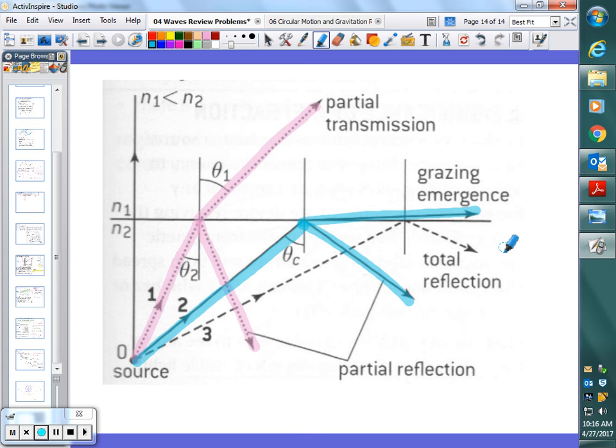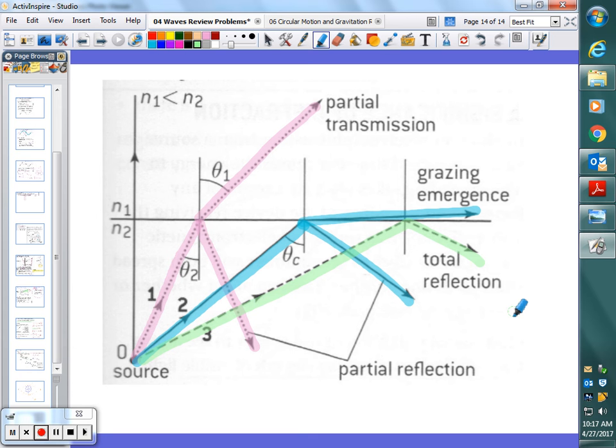But there is an angle of incidence where refraction will no longer occur, and we will get total reflection at that boundary, even though it might be a transmissible boundary of 2 media. So here, with this one, we end up with total reflection.